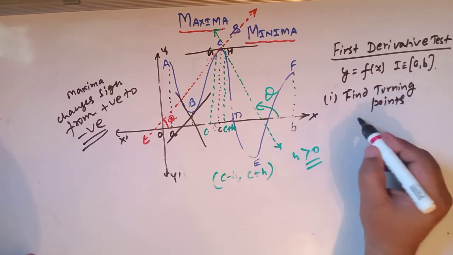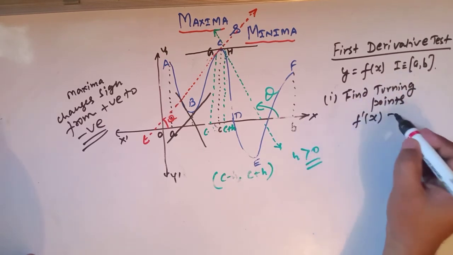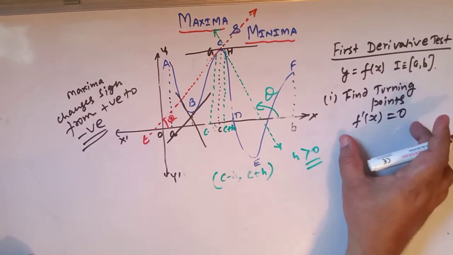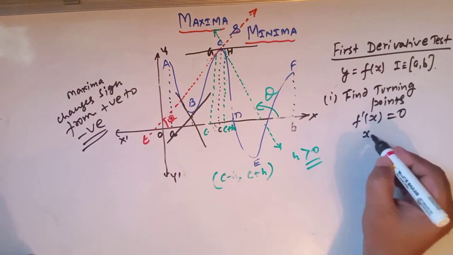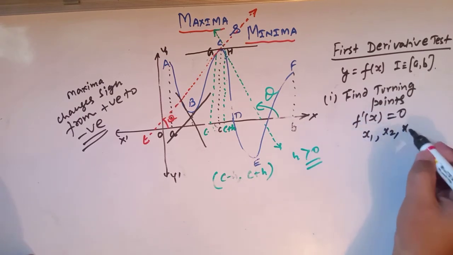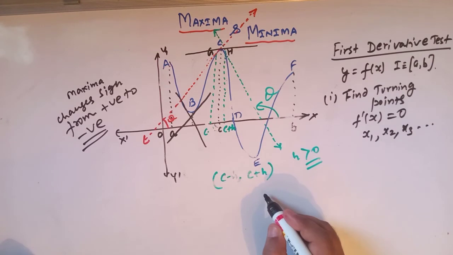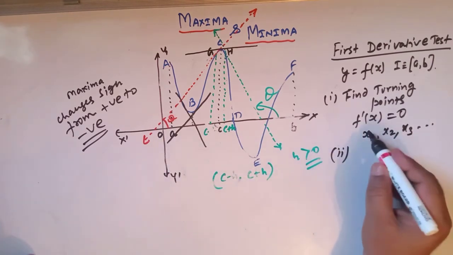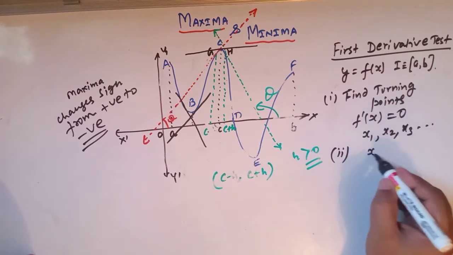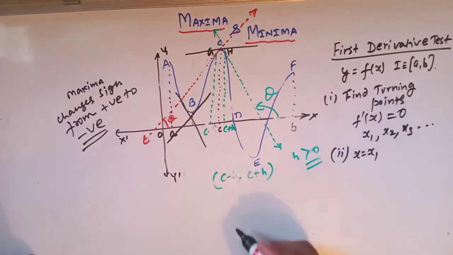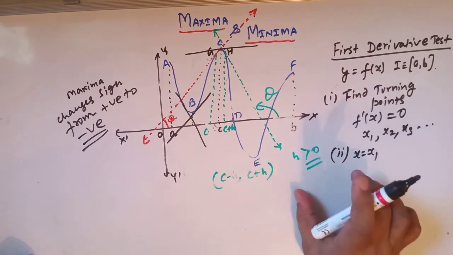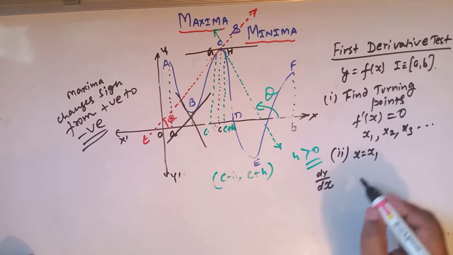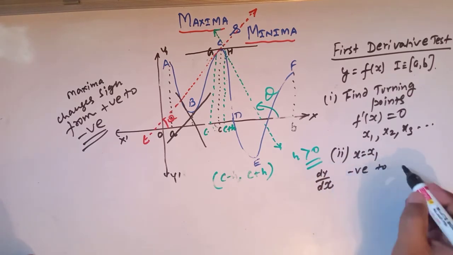Say the turning points are obtained by solving the equation where the derivative is 0. We will solve this equation and we will get the turning points, say x1, x2, x3 and so on. Then we will take the first turning point, x equal to x1, and see whether the derivative, that is dy over dx, changes sign from positive to negative or negative to positive.